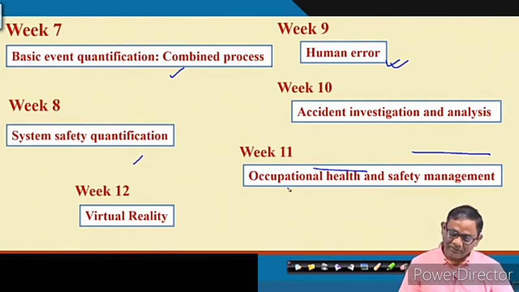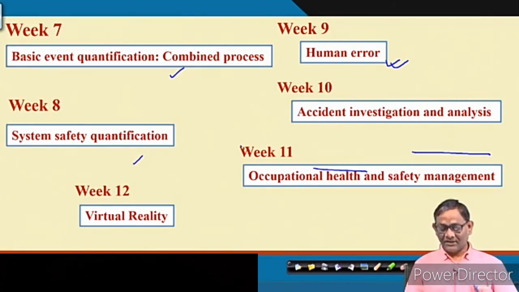Then after week 10, in week 11, the lecture was taken by a very eminent safety expert, Professor O.B. Krishna, who has spent almost 40 years in industries and implemented a lot of safety related programs and measures.